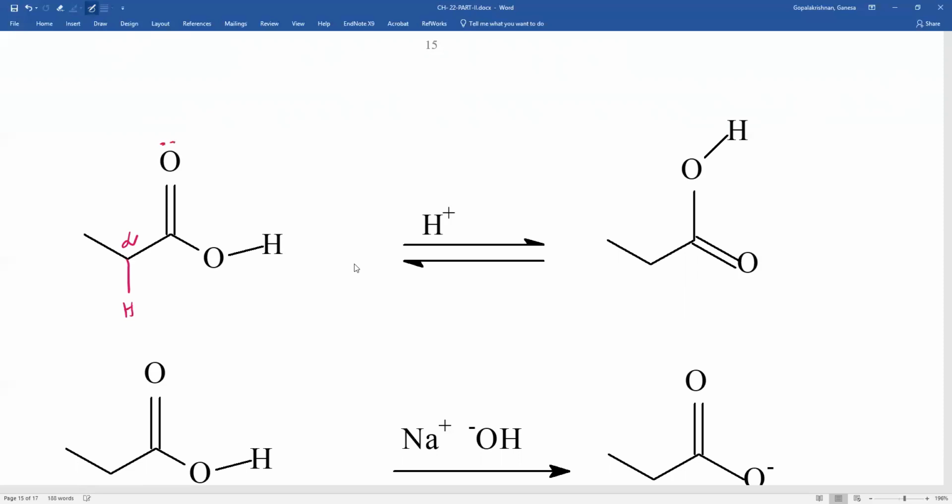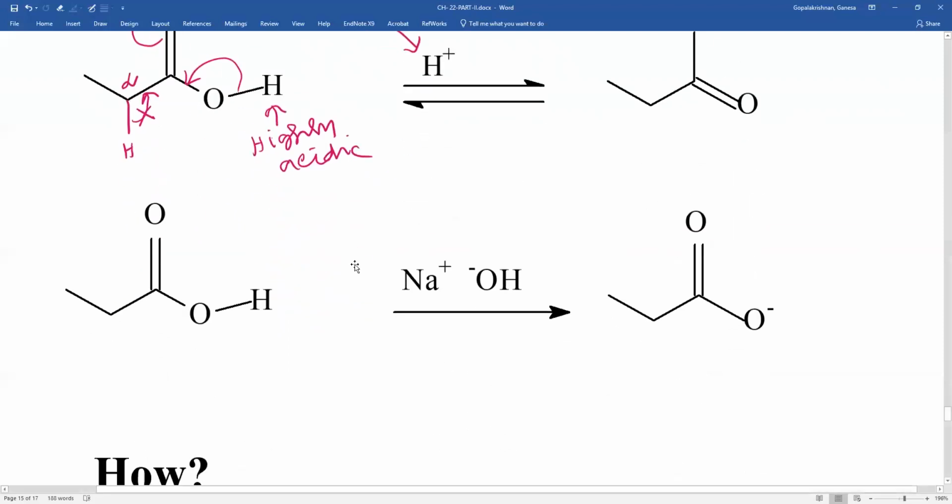You think this is going to pick up the proton, the bond will flip, and this will flip to form the enol. But this is not happening. Before that, this is happening because this is highly acidic. So you get the carboxylic acid again, the same one. You attempted to convert this into enol, failed. So we cannot brominate it.